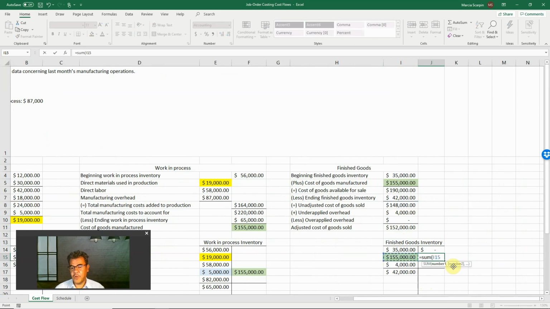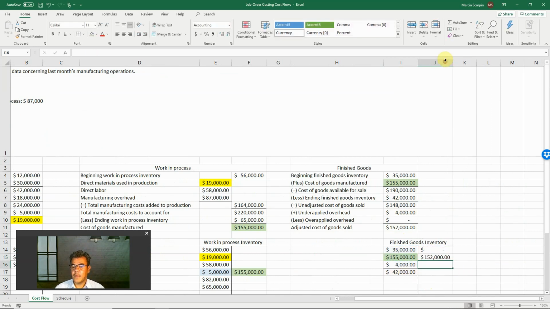Equal sum of our debits less our ending inventory less our over applied. 152, 152 here. So we are good.